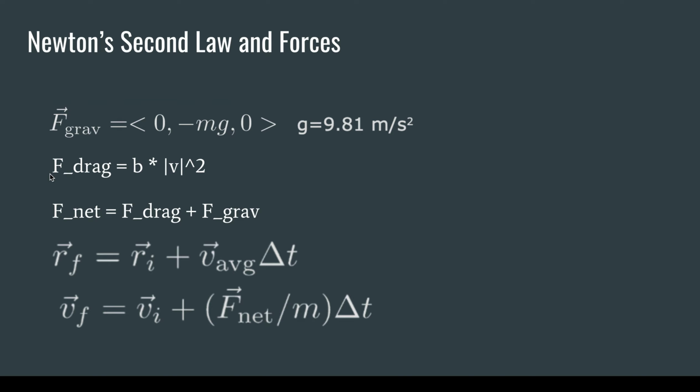And then there's the drag force, which is the b constant times the magnitude of velocity squared. And the b is positive because it needs to be the opposite sign of the velocity, which is negative. And then adding those two forces together gets the net force.